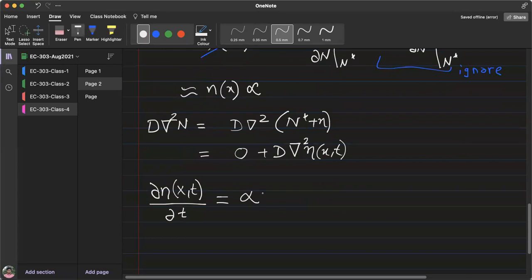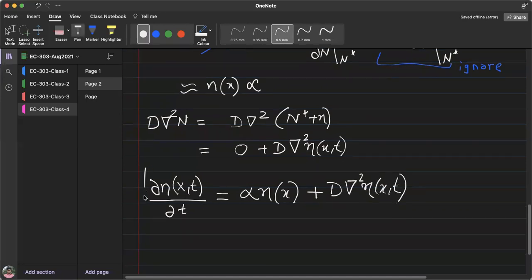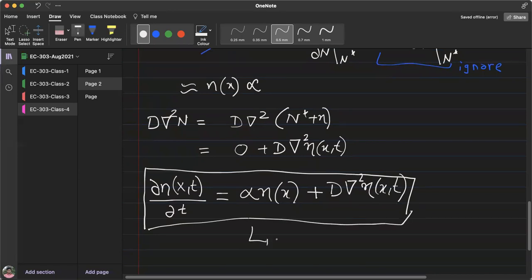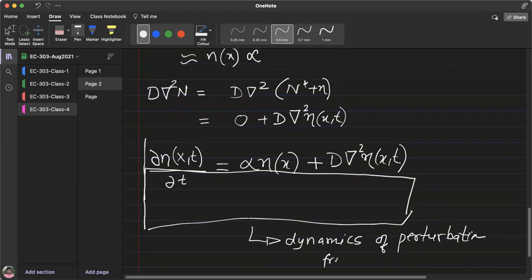That's given by alpha times n(x) plus the diffusion term. This is how the perturbation grows in space and time from equilibrium.